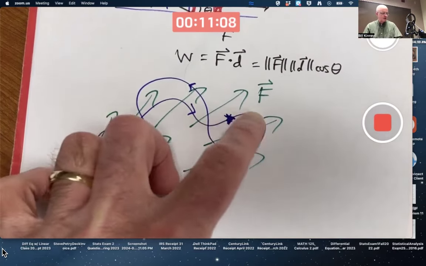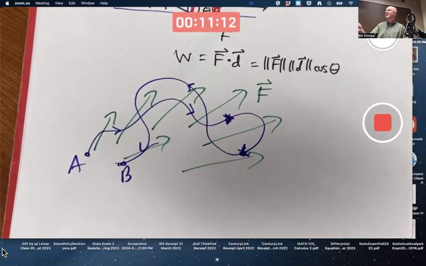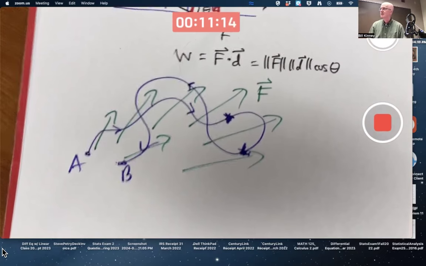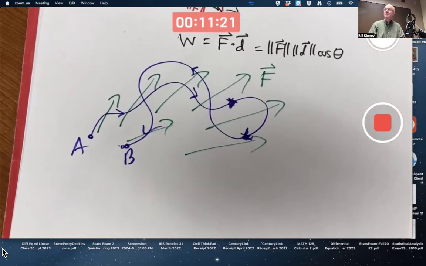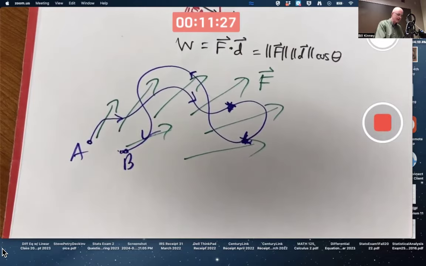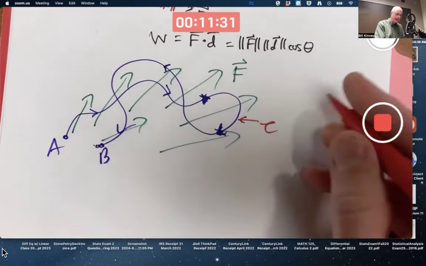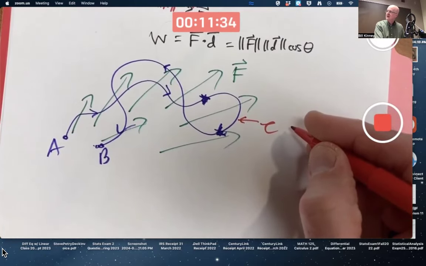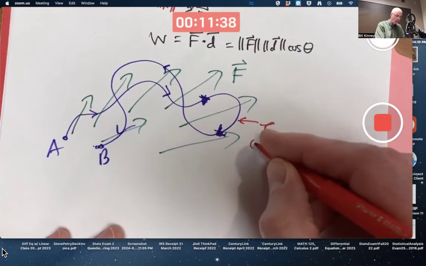Just pretend for some strange reason it's traveling along this path in this gravitational field, and you can ask, what's the work done by the gravitational field on this particle? How do you figure that out? You may know, you do a line integral of the vector field F over this curve. This path here, C, is not just a curve, a parametric curve, not just a path, but an oriented curve.